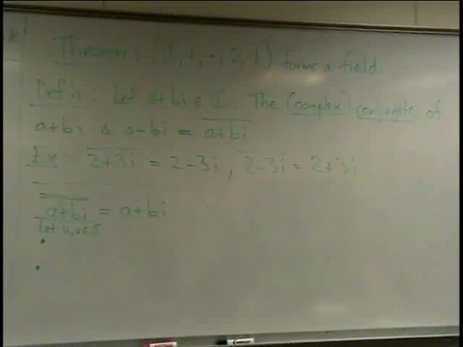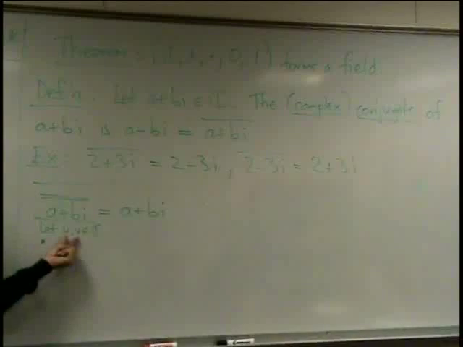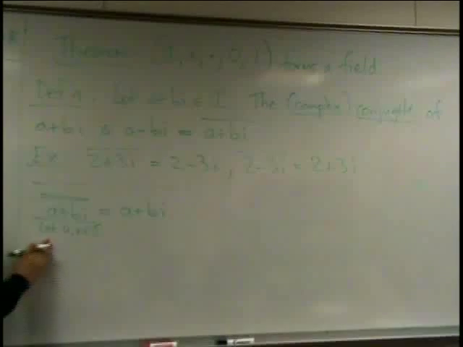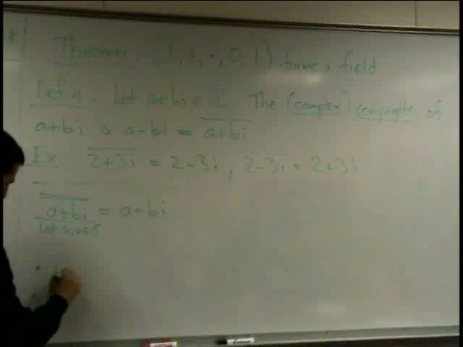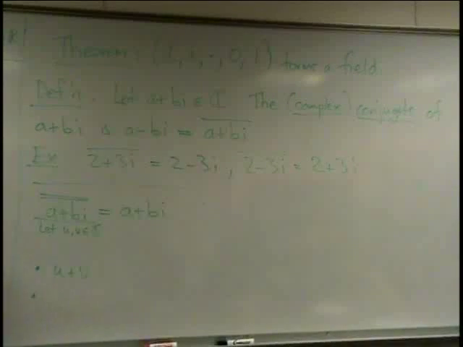I'm not going to write a plus bi for a while. Just take two complex numbers, u and v. And now let's say I add two complex numbers together. And then after I add them together, I get a new complex number, and I take its complex conjugate.